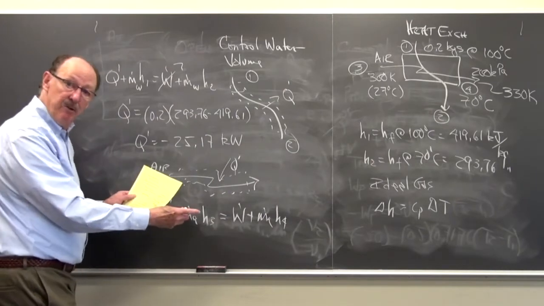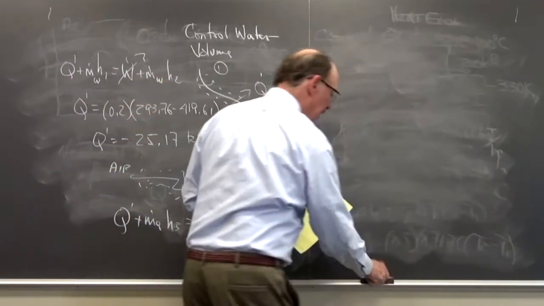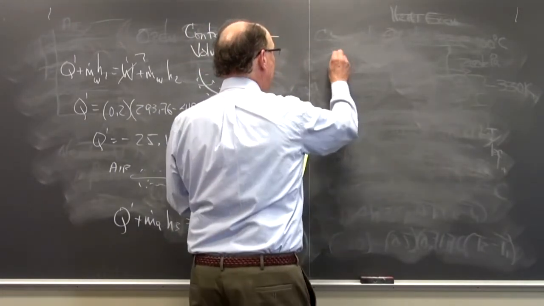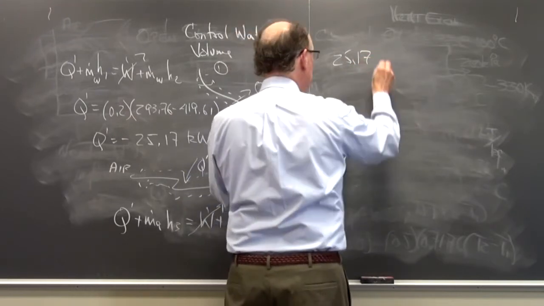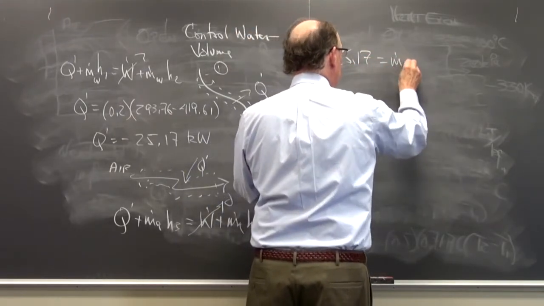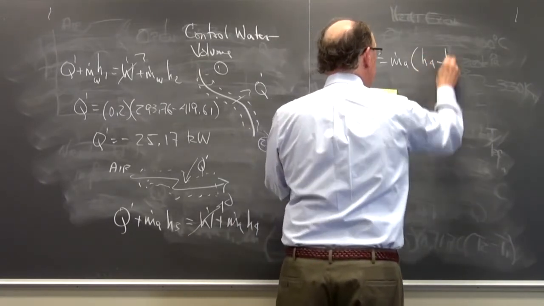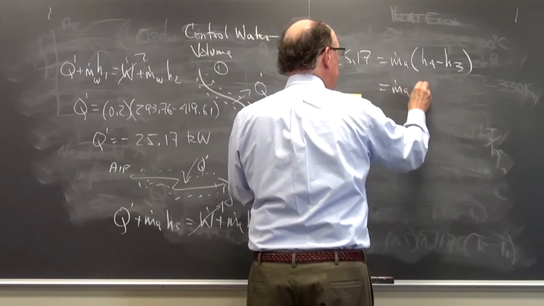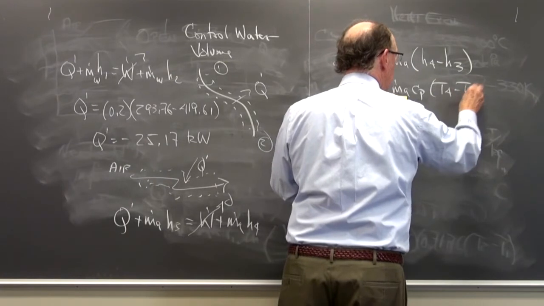And again, the work is 0. So I know what the heat flow is. In this case, I have 25.17 equals Q is equal to m dot air times H4 minus H3, which is m dot air times C sub P times T4 minus T3.